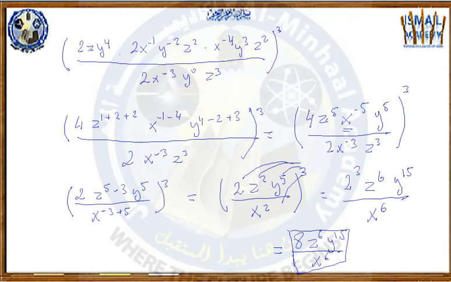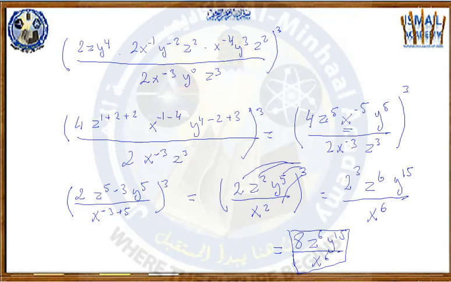Why not take the 3 out at the beginning? I take it out because I need to distribute it.